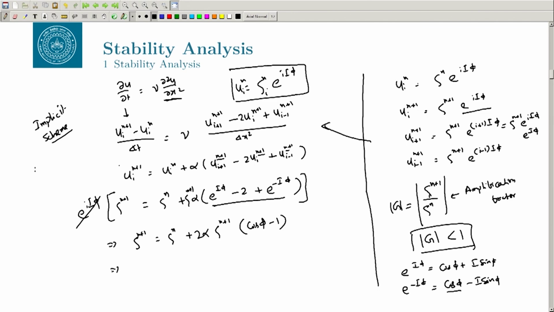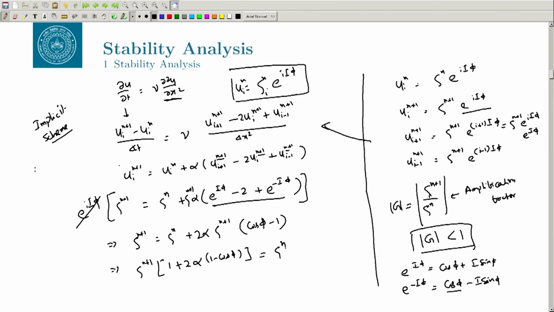And then you can collect all of the zeta n plus 1 terms together, that will become 1 minus 2 alpha, and let us write it like this, 1 plus 2 alpha (1 minus cos phi), right, will be zeta to the power n, right.